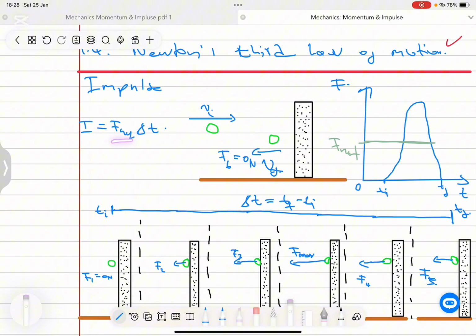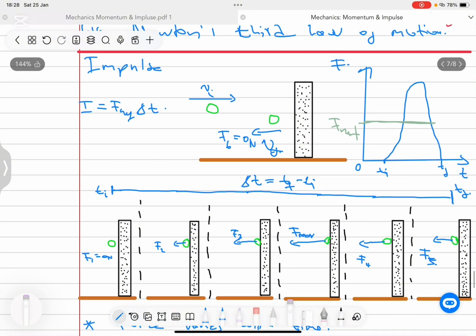So impulse really is the product of the force and the time during which the force is applied on the ball. And from this formula, we can see that the impulse I is directly proportional to the net force.